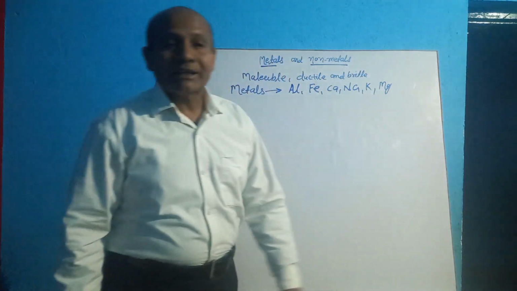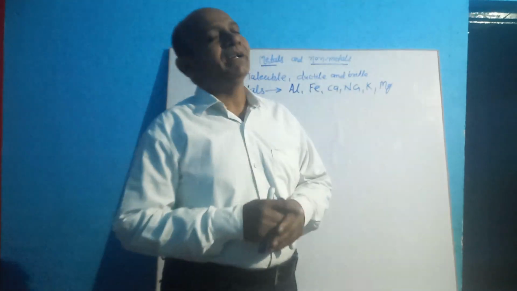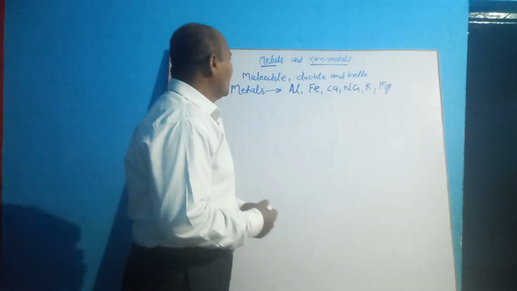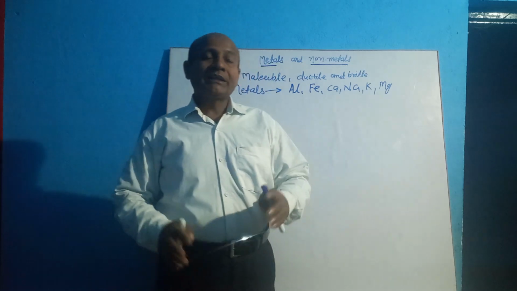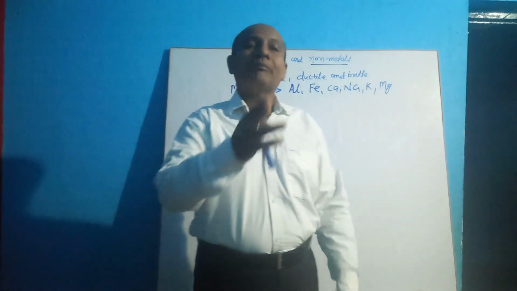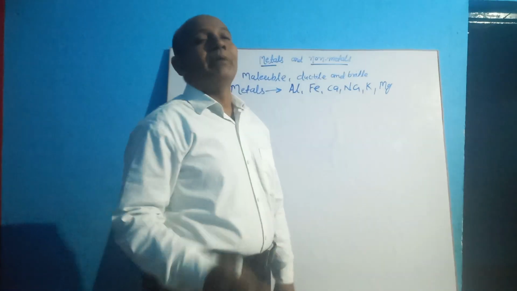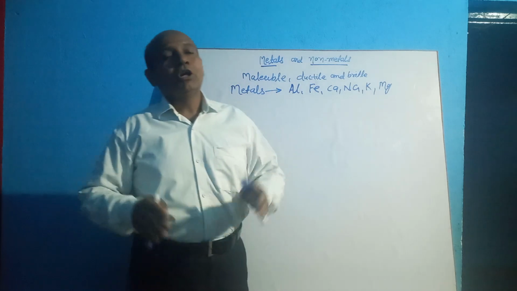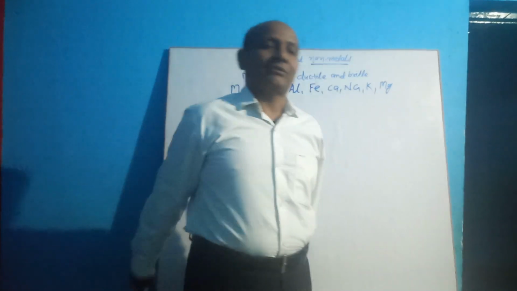During chemical reactions, metals form positive ions by losing electrons. Based on this observation, we can give another definition: metals are the elements which form positive ions by losing electrons or by donating electrons.